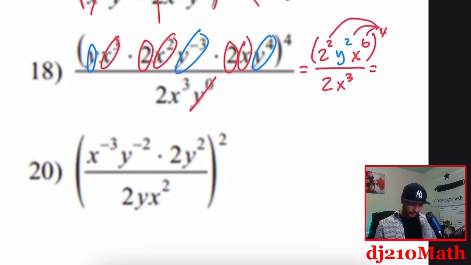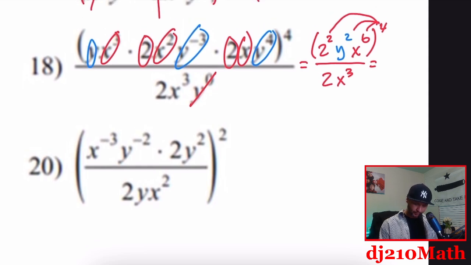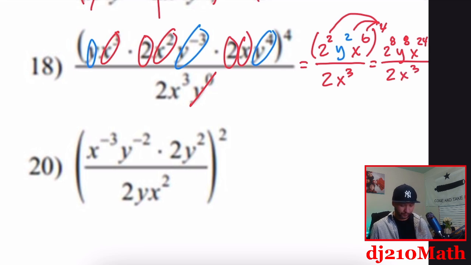All right, the 4 up top is going to apply to all 3 of these exponents. So this is going to be 2 to the 8 power, because 2 times 4. Y to the 8 power, again because 2 times 4. And then x to the 24, because 6 times 4. All over 2x cubed.